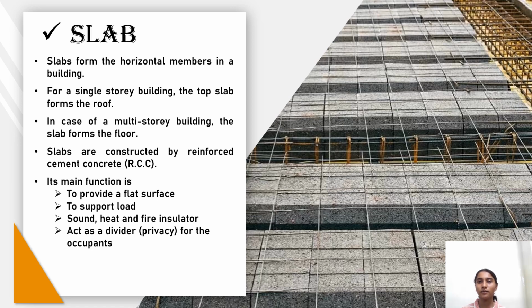Slabs are constructed by reinforced cement concrete, that is RCC, and its main function is to provide a flat surface, and also it is used to support the load, and it is a sound, heat and fire insulator, and also it acts as a divider or privacy for the occupants. This is all about the slab.